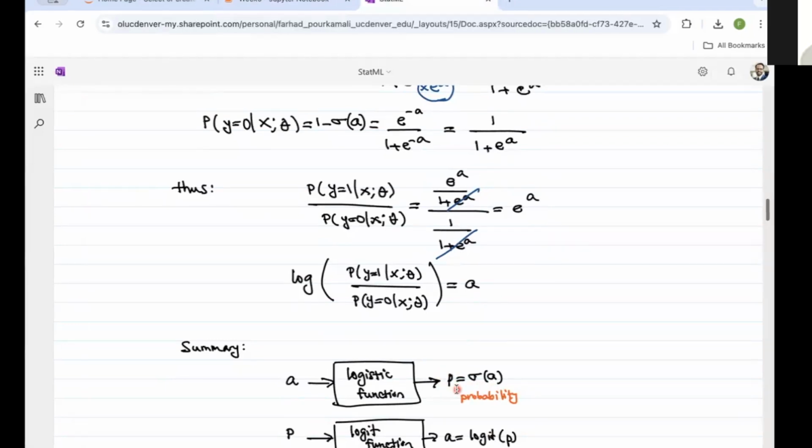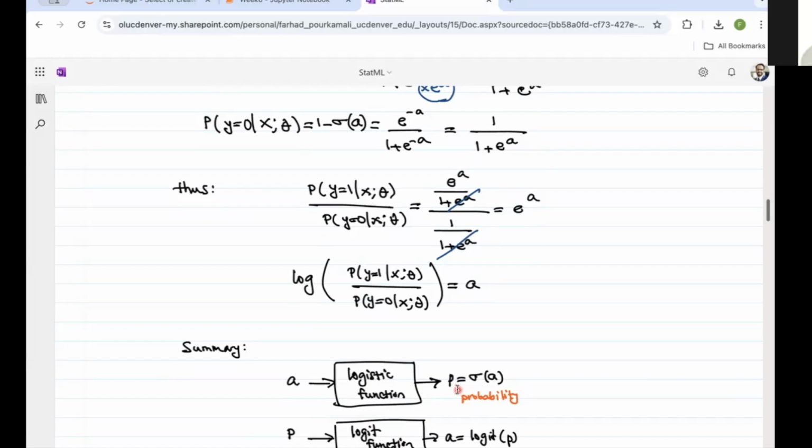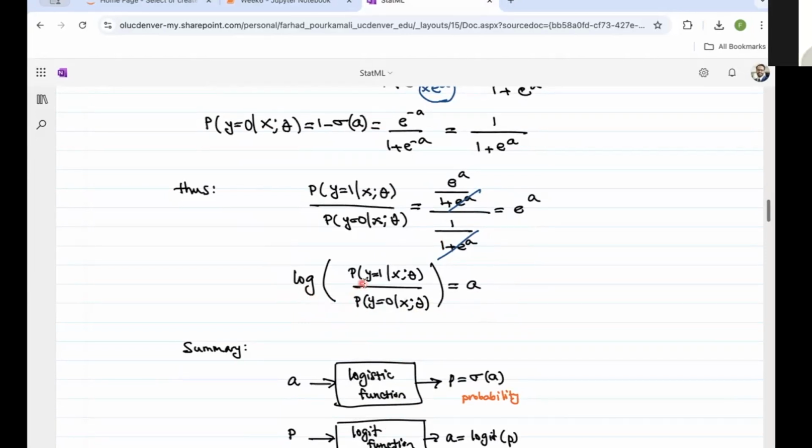But something that is also important if you want to make sure that we have a well-defined problem is that if you know the probability, you should also be able to know what value of a led to that probability. And that's exactly why this analysis here is important, because it's telling us that if you find the log of the probability of y equals 1 over the probability of y equals 0, that's the a value that we are looking for.